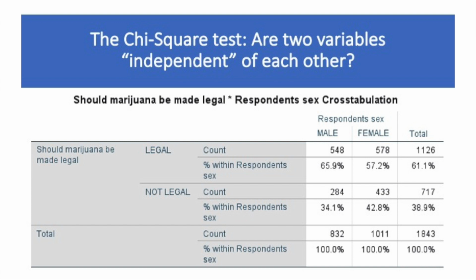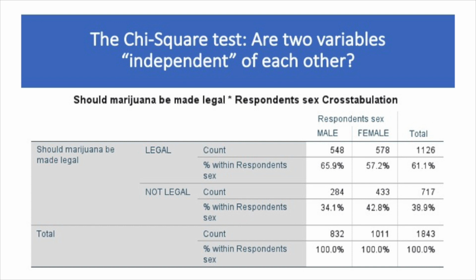If we look at females, 57.2% say marijuana should be made legal. And then on the flip side, 34.1% of males say not legal, compared to 42.8% of females. So it looks like there may be some pretty substantial difference here, right?